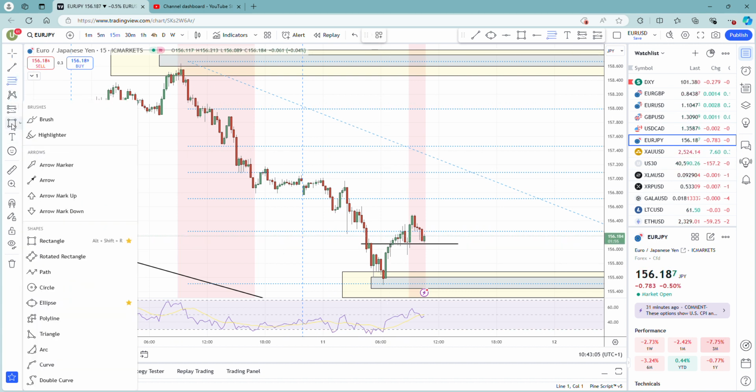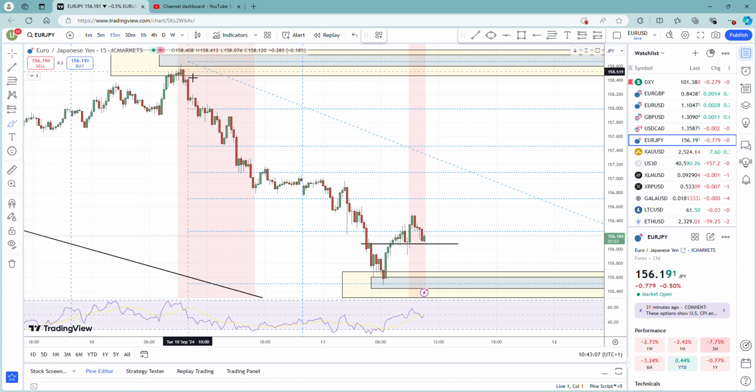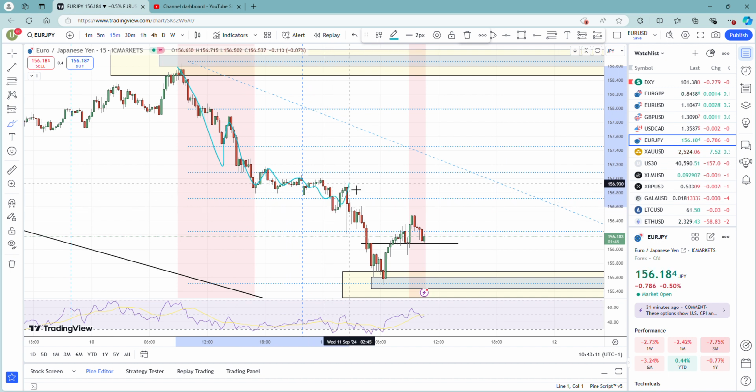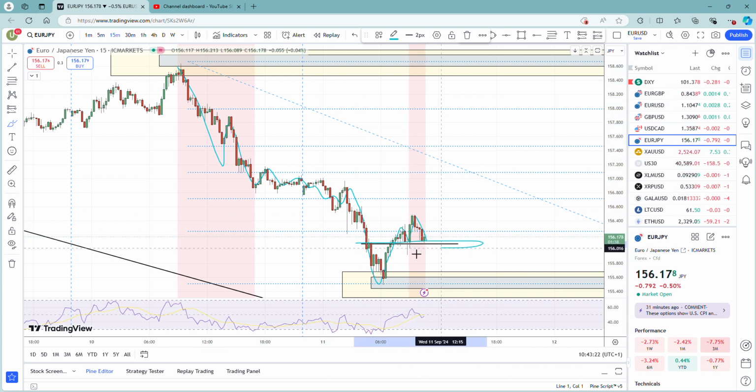What do I mean by that? I mean that price was in a downtrend, lower high, lower low, lower high, lower low, lower high. It's made a higher low, higher high, higher low, higher high, higher low. Because it's breached this previous candlestick, it's changed the direction.